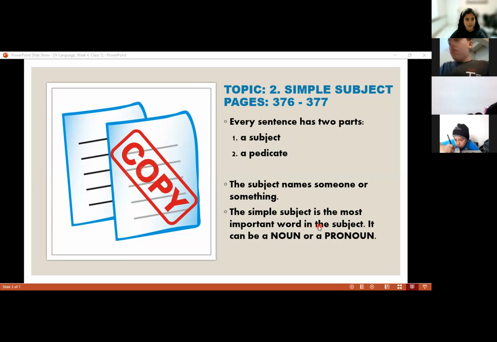But the most important word, the most important thing that we want to say, is the simple subject. It can be a noun or a pronoun. It can be just one word, like the pronoun he, she, it. Or it can be a noun. If we're talking about the dentist, just the word dentist is going to be it. But later we're going to practice.